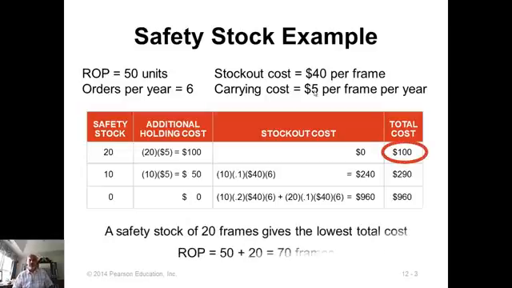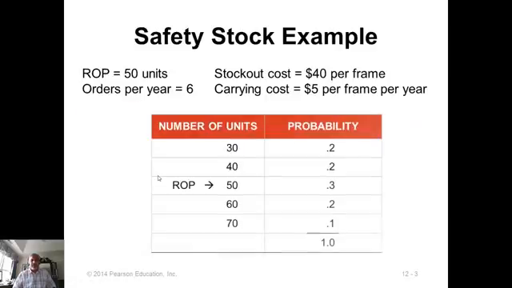So what we need to do is start from the maximum. If you set your ROP to 70, then you'll never run out of stock. What will be the cost under that scenario? Then what if you set your ROP to 60? What will be the cost, holding cost and stock out cost? And then if the ROP without any safety stock is set at 50, what will be the cost?